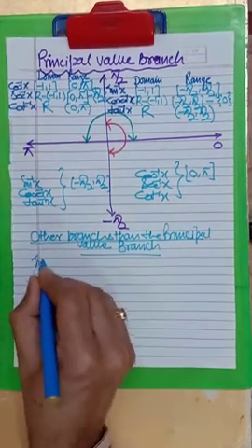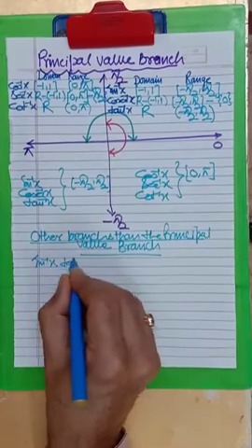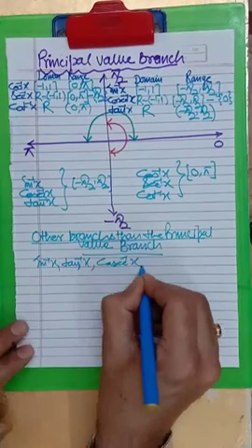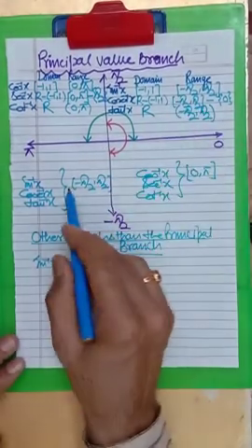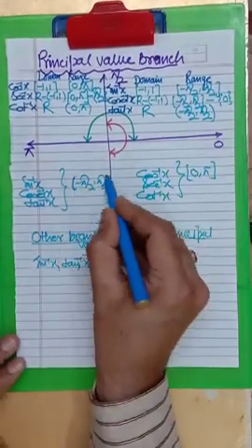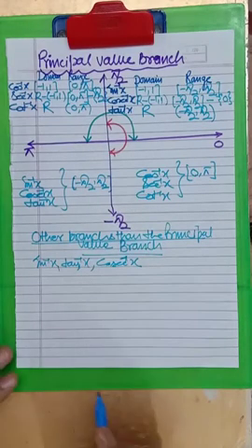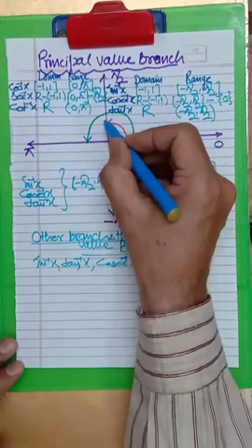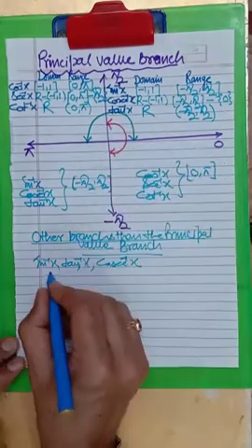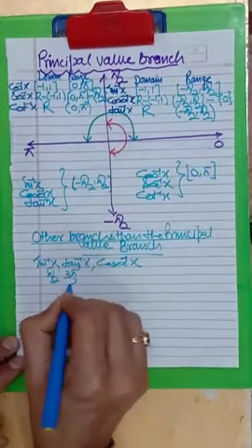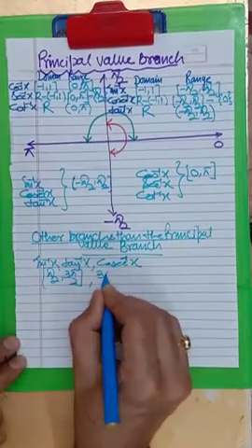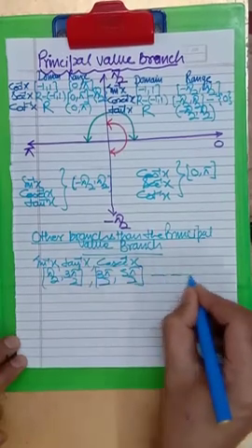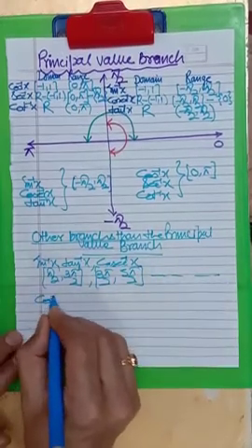In the case of sine inverse, tan inverse and cosecant inverse, children, we have minus pi by 2 to plus pi by 2 for the principal value branch. But another branch we can take is pi by 2 to 3 pi by 2. You can take another branch also, 3 pi by 2 to 5 pi by 2, and so on. There are several branches you can write for this.